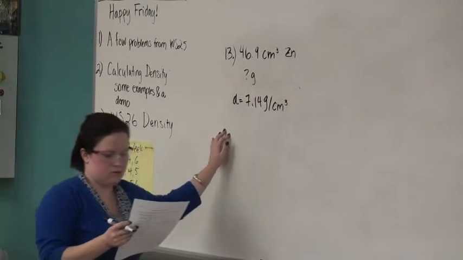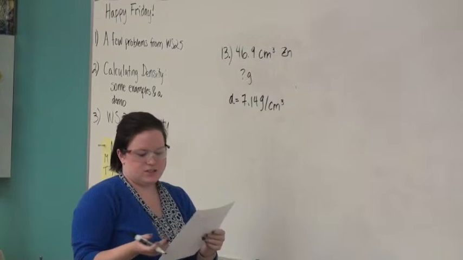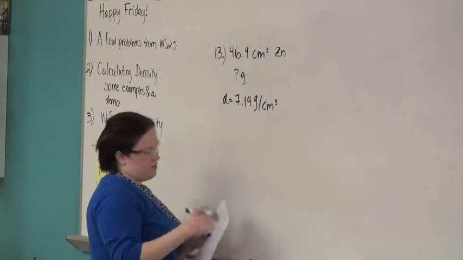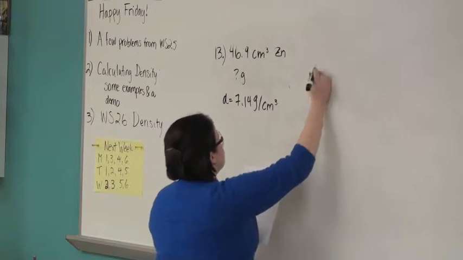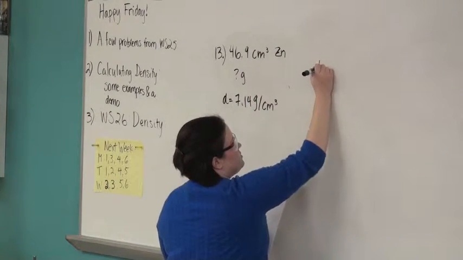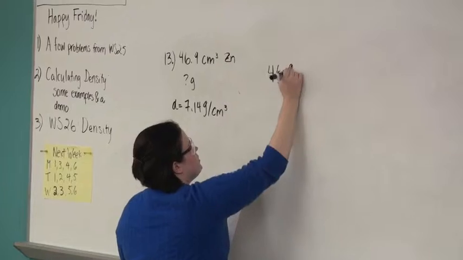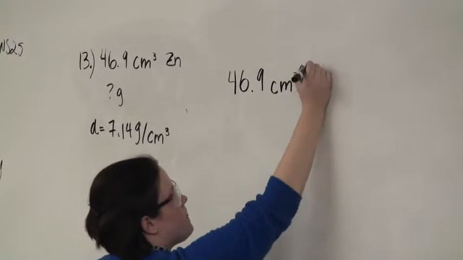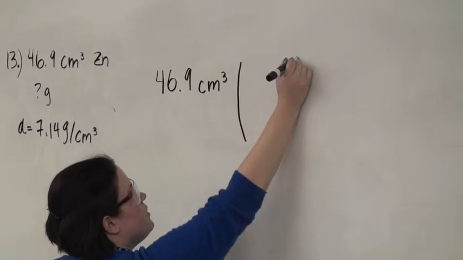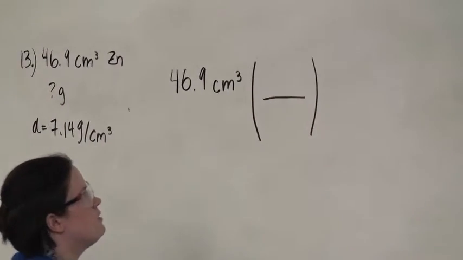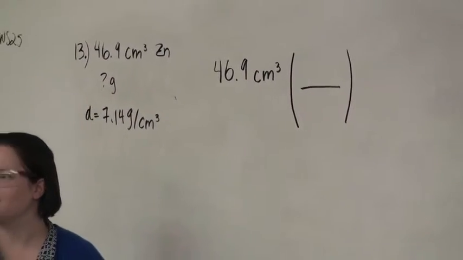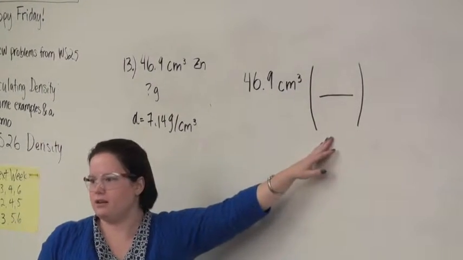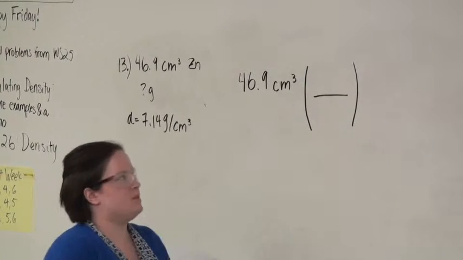So this is just a simple unit conversion. You can use this density as a conversion factor. So I start with what's given, so 46.9 cubic centimeters. So what goes on the bottom here? I'm trying to cancel out cubic centimeters, so what might go down here? Cubic centimeters.